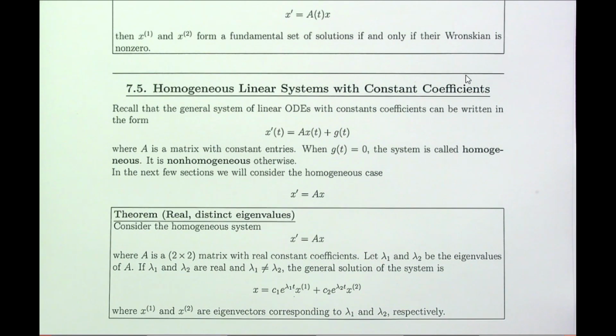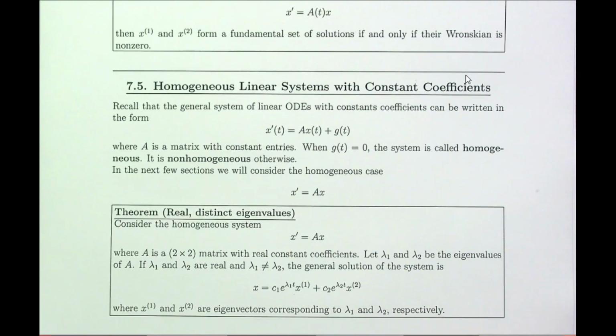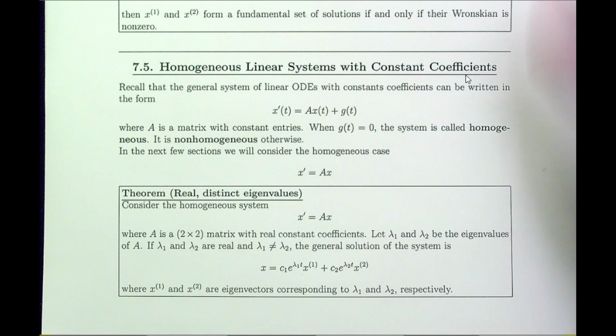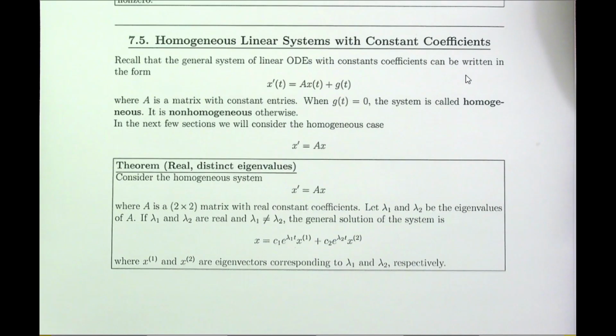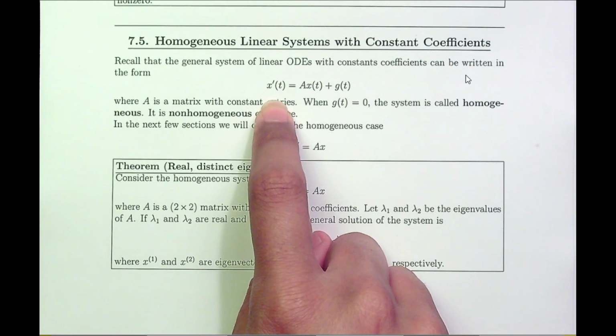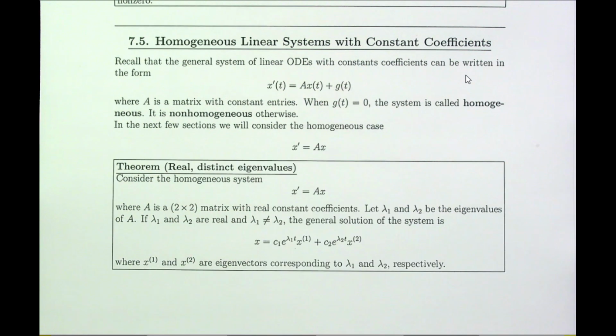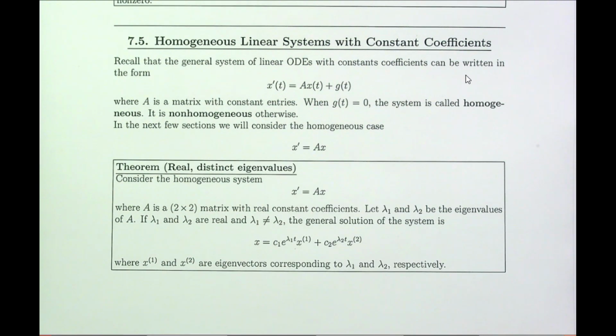Now let's go over section 7.5. So recall that we just talked about this. The general system of linear ODEs with constant coefficients can be written in this form, where A is a matrix with constant entries.